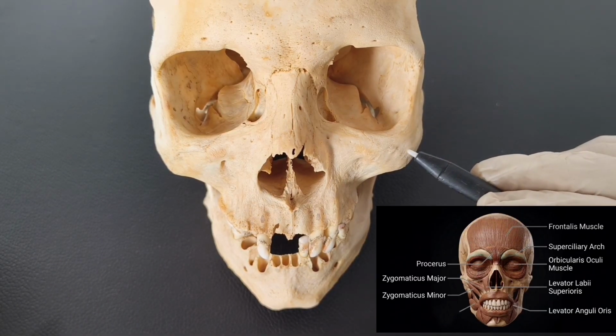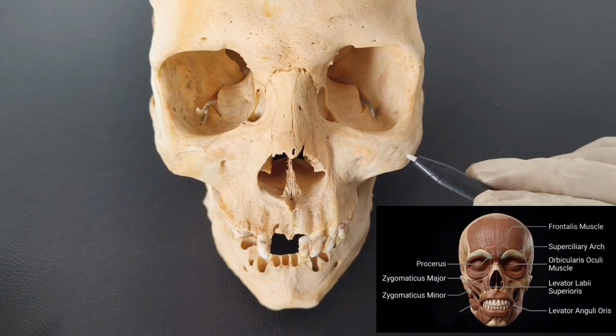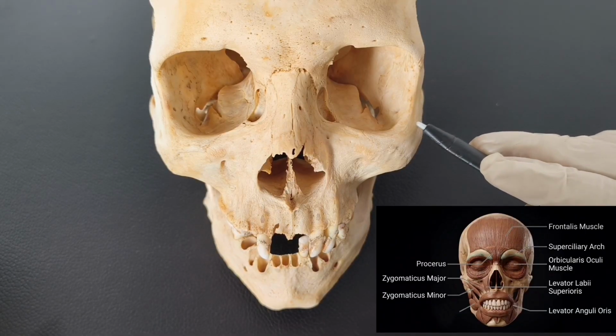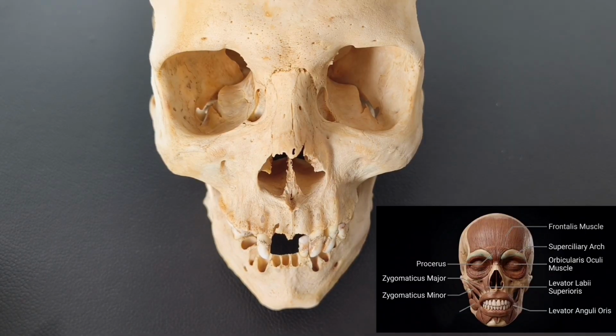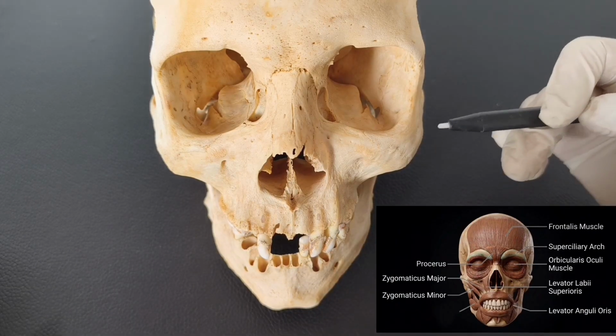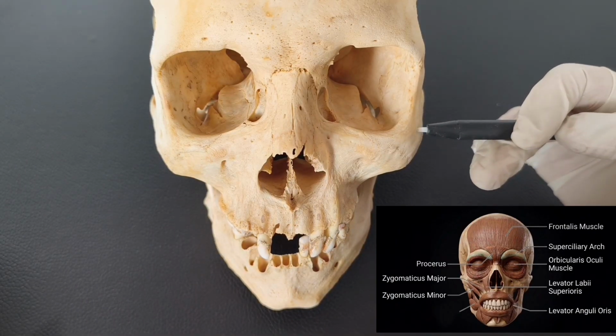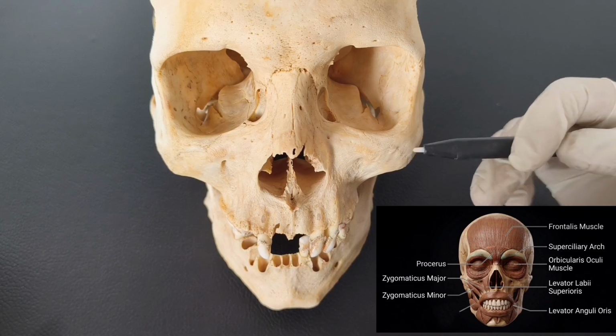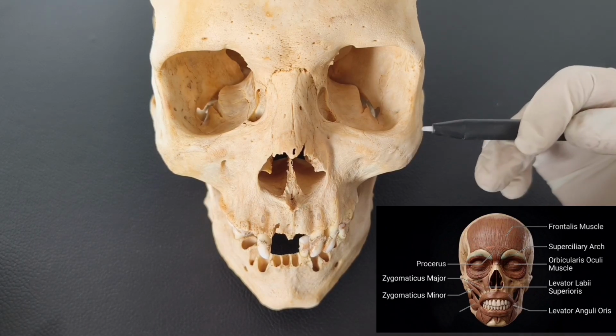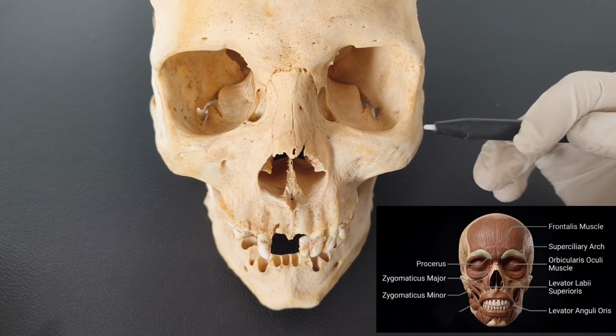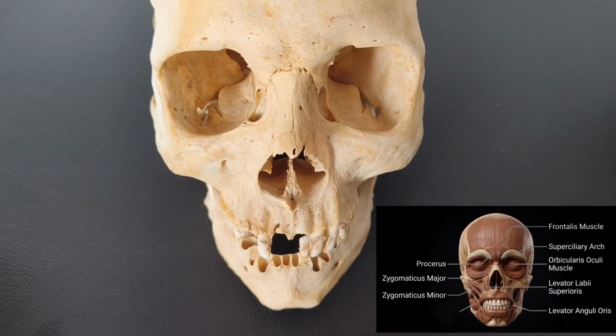The zygomaticus minor muscle arises somewhat medial, and zygomaticus major arises somewhat lateral. So zygomaticus minor arises from this surface medial to the zygomatico-facial foramen. From this region we have origin of zygomaticus major muscle.